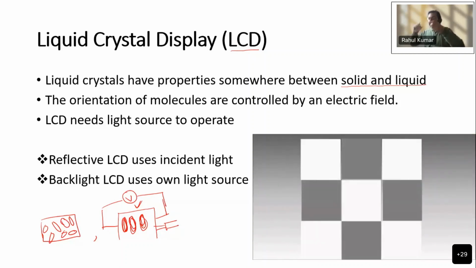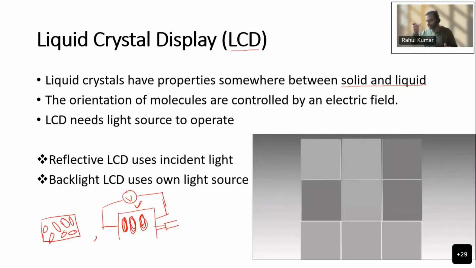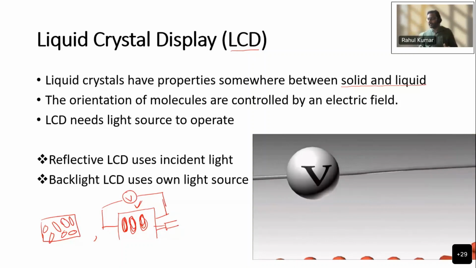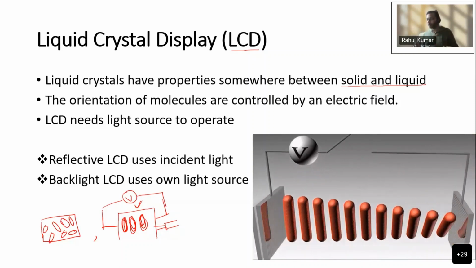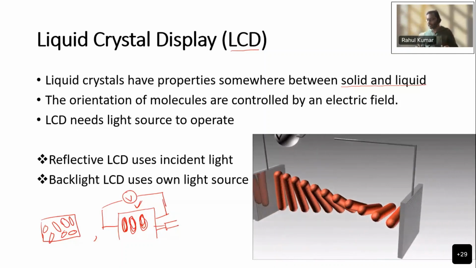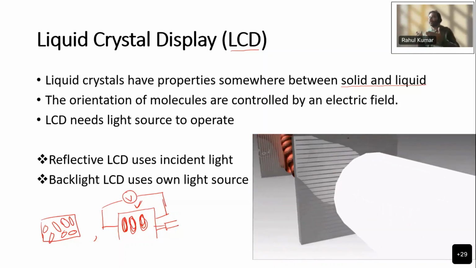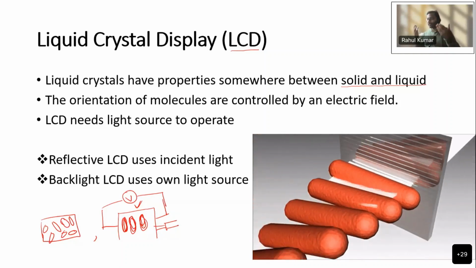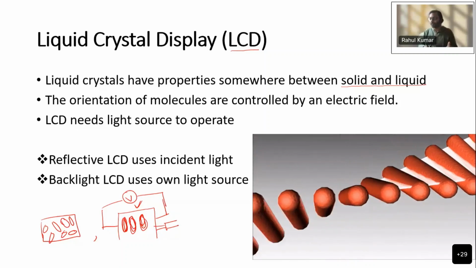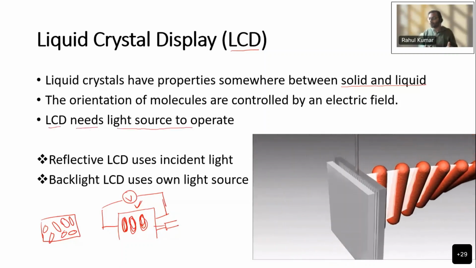And similarly, if those crystals are aligned in a different manner, they will produce a bright spot on the screen. So these LCDs cannot produce light of their own, they will need a light source, right? So LCDs need a light source to operate.